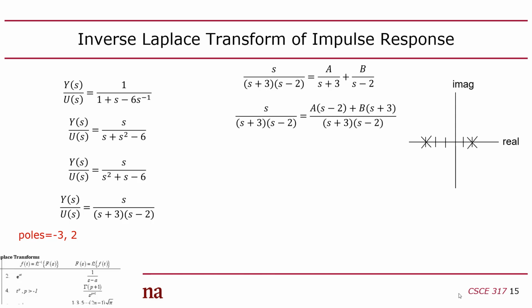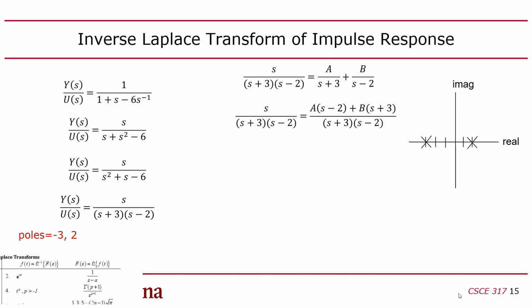So the magic trick is, first of all, you find the least common denominator of these two sides. Least common denominator: s plus 3 times s minus 2, which was the same denominator we had before.